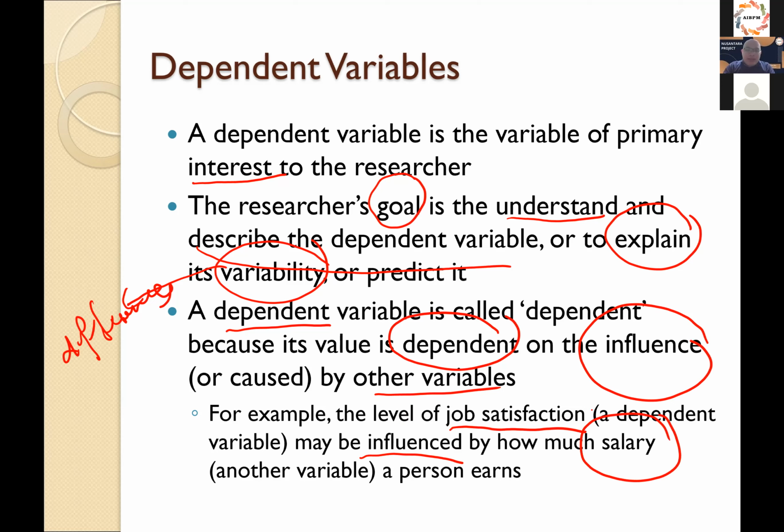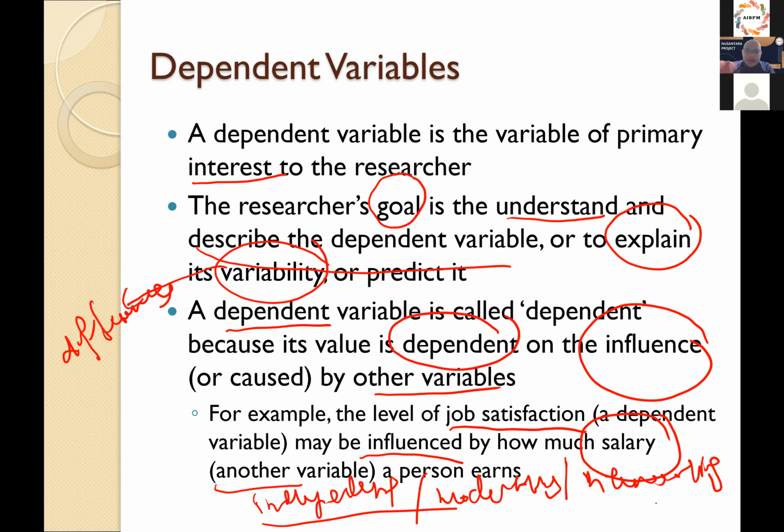So this salary can be an independent variable, but not necessarily always independent. It can be moderating or intervening. All these are affecting it. Intervening, I didn't teach you yet; I will cover it later. So in short, what is a dependent variable? Your primary interest, your main focus, or a problem that you would like to solve.